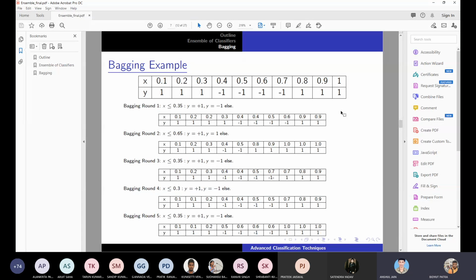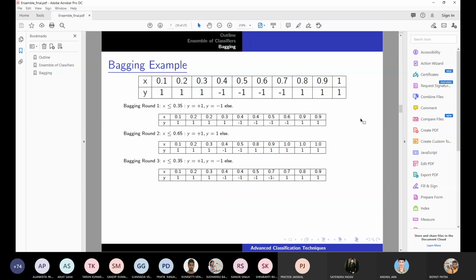On the top of this slide you said this is the training sample, and below what we are doing, like round 1, round 2, round 3. What are these then? I think last day I talked about it, right? Yes, sir, but I was confused. Can you please clarify it once more?